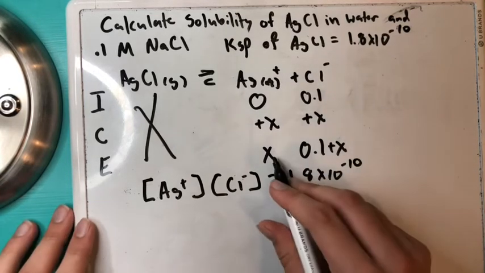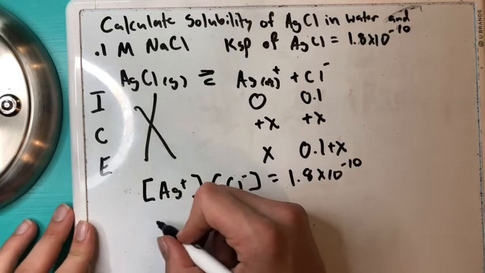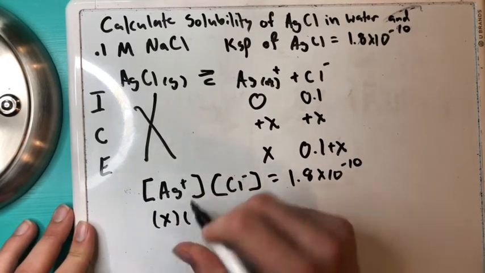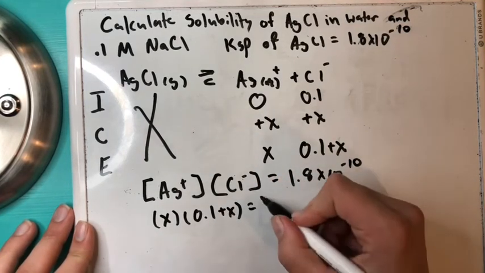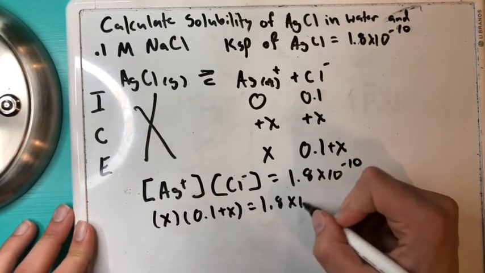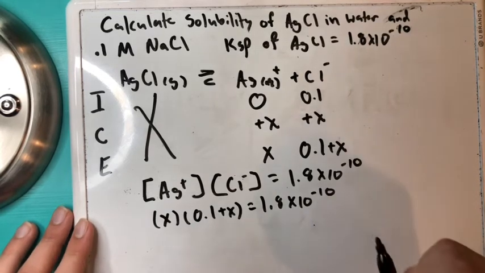And from here we can plug these values into their spots. So X times 0.1 plus X equals 1.8 times 10 to the negative 10th.